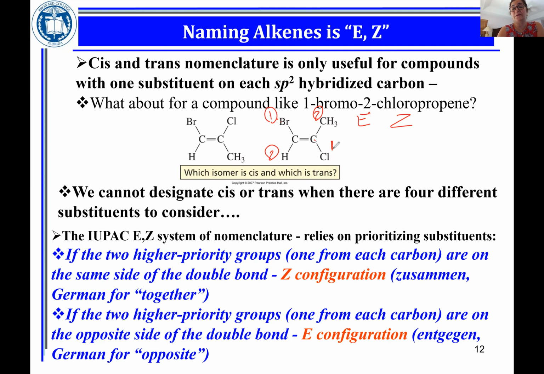High priority, 1, low priority, 2. If high priorities are on the same side, it is going to be Z, and if they are on the opposite side, it is going to be E. So this molecule would be E, and this molecule, where the high priorities are on the same side, is going to be Z.